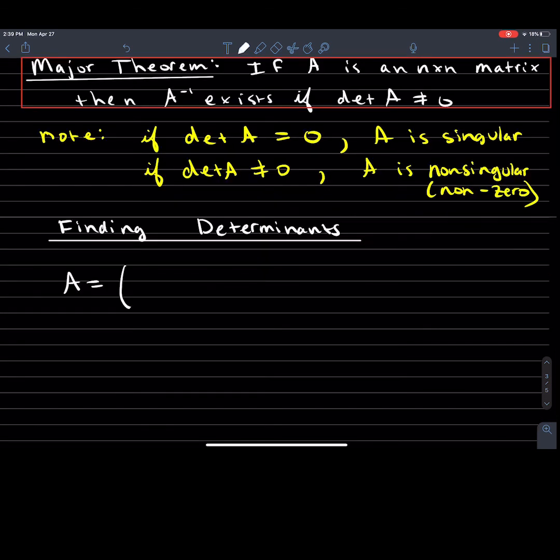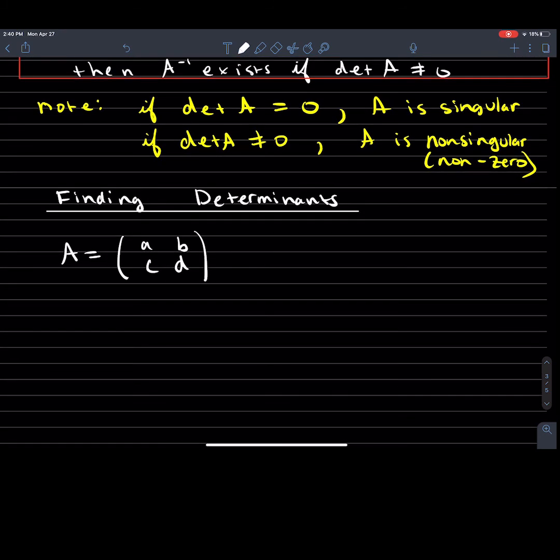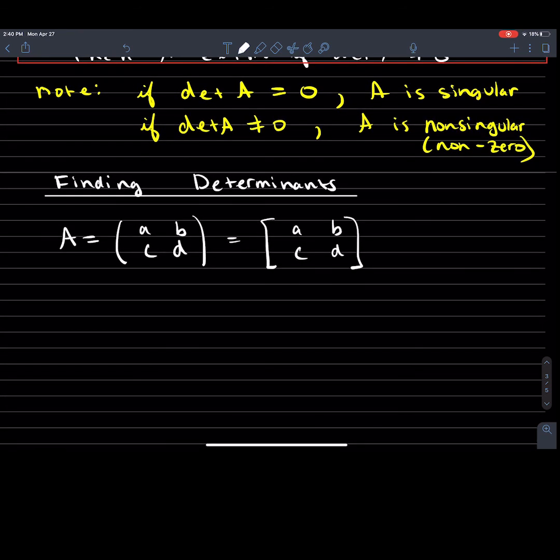We have a 2 by 2, A, B, C, D. There are two things I should mention here about notation. We can represent A like this, or we can go A, B, C, D. We can represent matrices with parentheses or square brackets. But when we do determinant, the determinant of A looks like this.